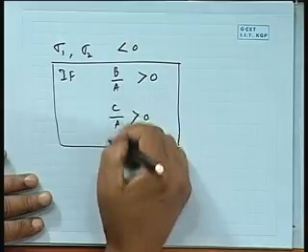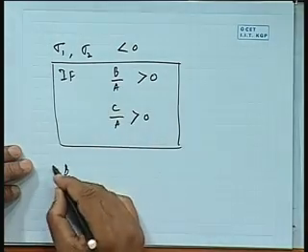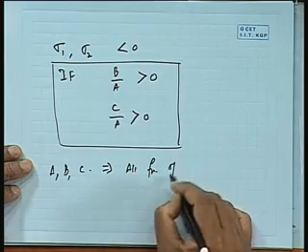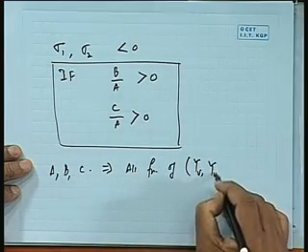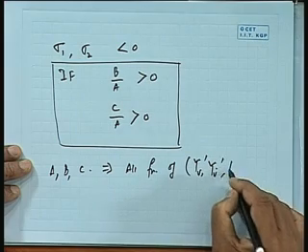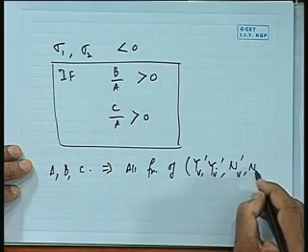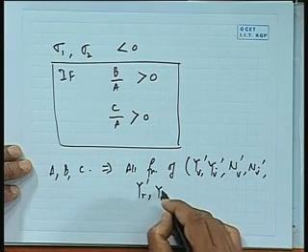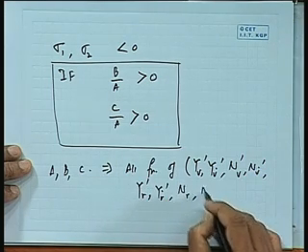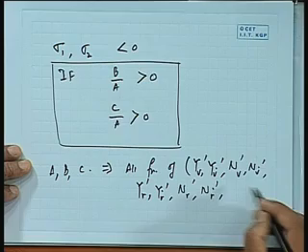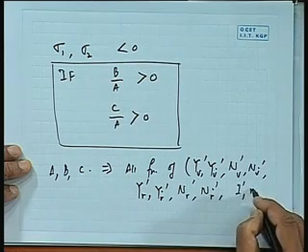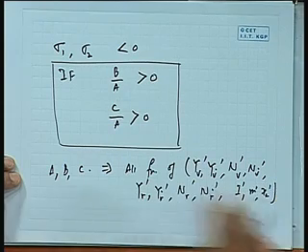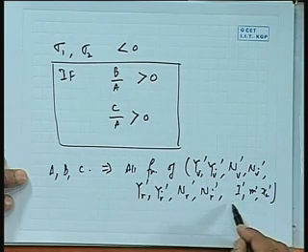What is b by a, c by a? B, a, c are all functions of Yv dash, Nv dot dash, Yr dot dash, Nr dot dash, plus of course I dash, m dash, xG dash, etc. These are of course rigid body parameters.